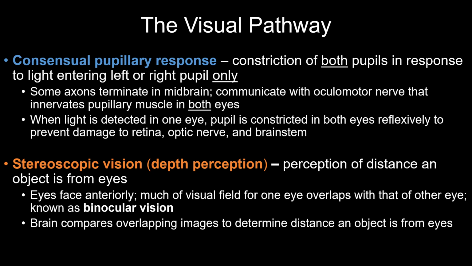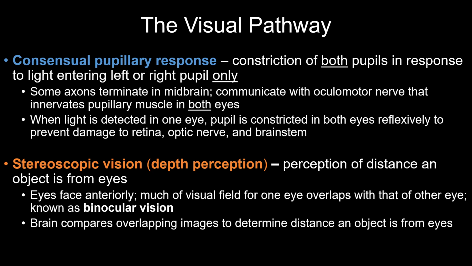Instead of continuing to the thalamus, some axons of the optic tract terminate in both sides of the midbrain, this pretectal area. And in this area, these pretectal neurons contact other neurons that send their axons back through the oculomotor nerve to the pupillary muscles.